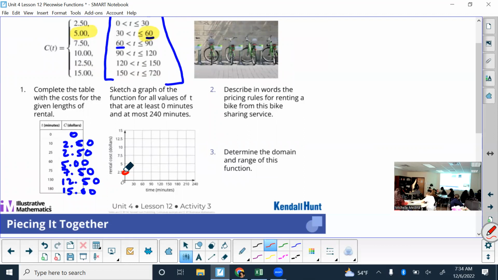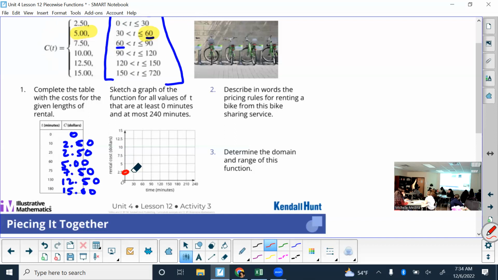We'll actually take the floor. When does it stop being $2.50? No, it's at 60. Look up here, these are your rules. 30.